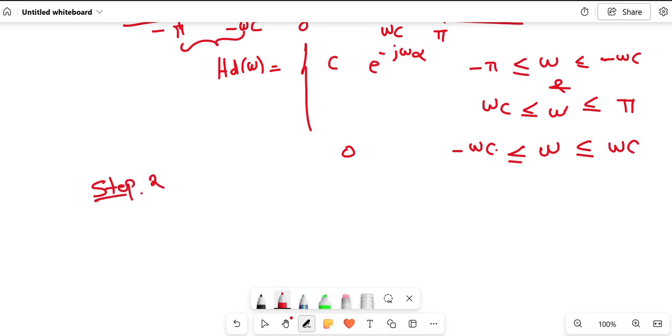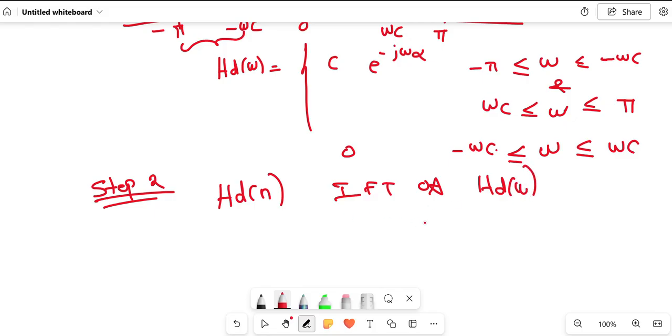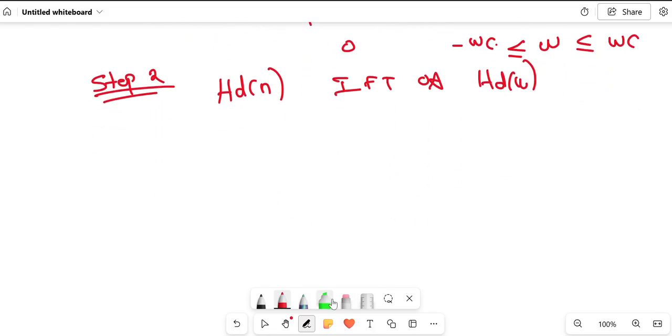Step 2: you have to get Hd of n by taking the inverse Fourier transform of Hd of omega. What is the formula?